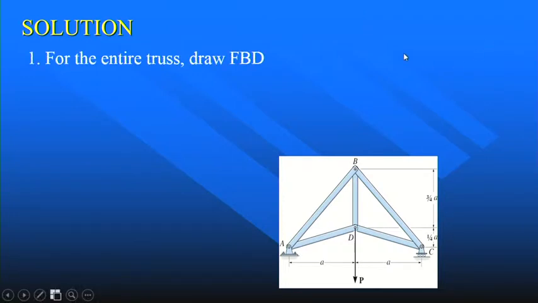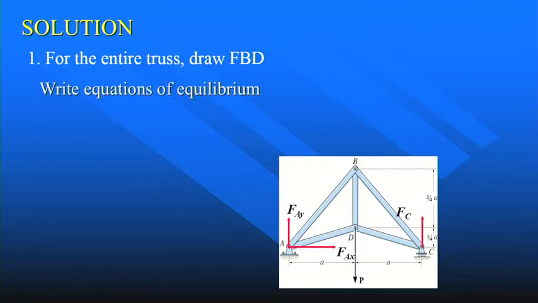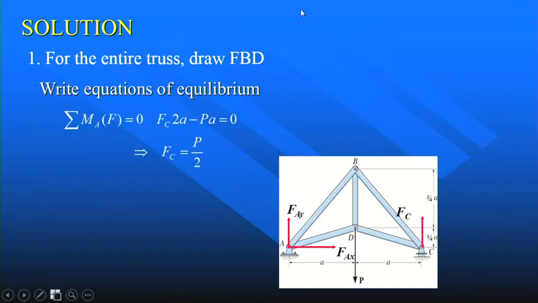First, for the entire truss, draw free body diagram. So here at A, we have 2 unknown components. At C, only 1 vertical component. Write equations of equilibrium.